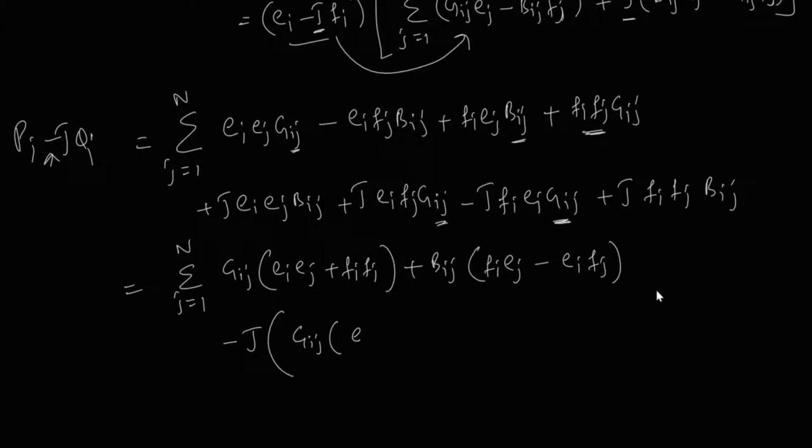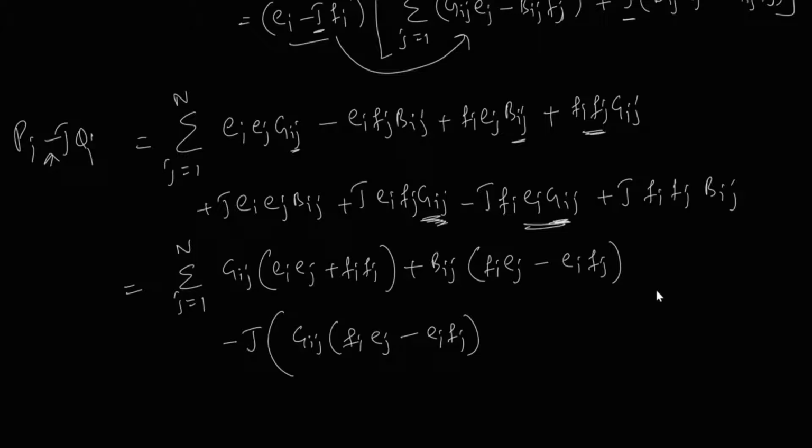So I take first this term. So Gij is equal to Fi Ej, minus of minus plus, so this is Ei Fj, this term. Now where is the other one?